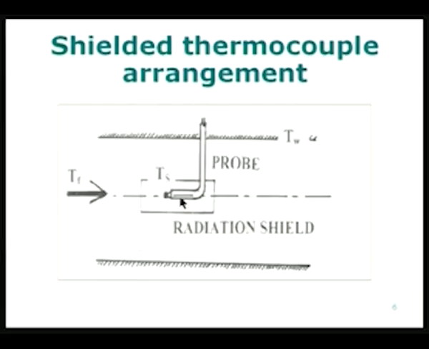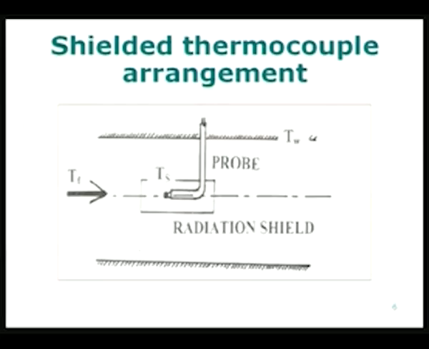It is actually going to view only the shield, and therefore, the heat transfer is going to take place from the probe to the shield, and the shield outside will of course have heat transfer taking place to the walls of the duct, which is at a lower value. At the same time, both the probe as well as the shield are in convective contact with the hot fluid. So, there will be some heat transfer from the fluid to the shield also.